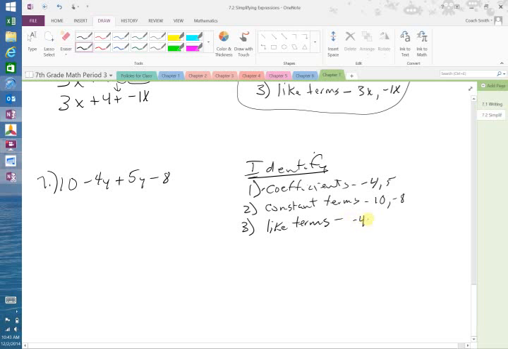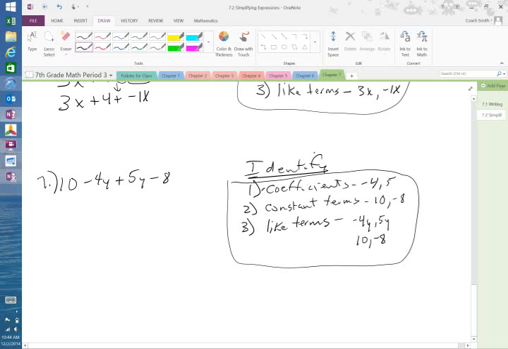Yes, -4y and 5y. What else? That's not the only like terms. Grant. Yes. 10 and -8 are the other like terms. Okay? And so those are your answers to problem number 7.